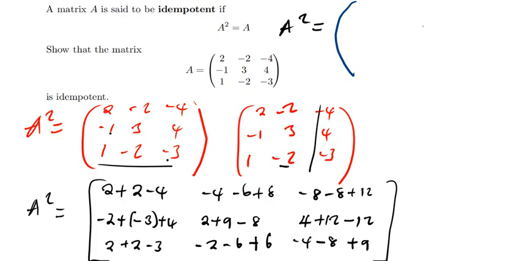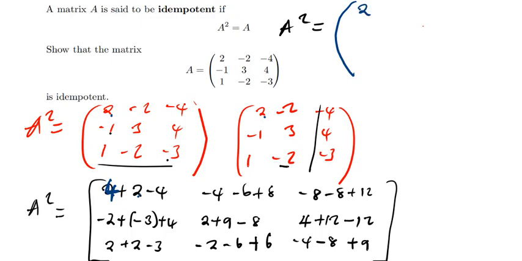I multiplied this 2 times 2 as 4, but I had to put 2 here, because it's this by that. So this was supposed to be 4, and this is 6, then 6 minus 4 is 2.